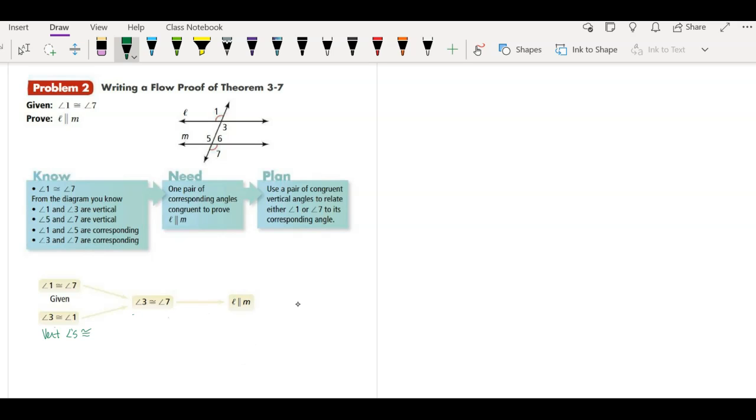What's that property again? The transitive property of congruence. And L is parallel to M if corresponding angles are congruent. Then the lines are parallel.